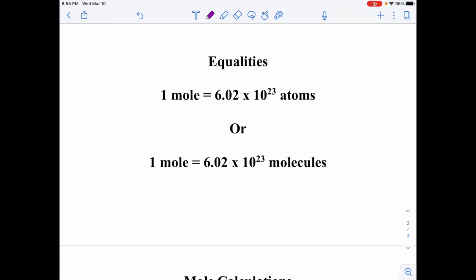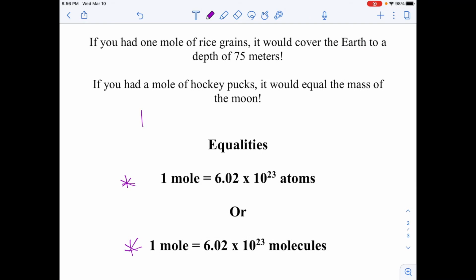Okay, so these two equalities are just an example of what you can use for a mole. I mean, let's be honest. If I said I had a mole of donuts, so a dozen donuts would be 12 donuts, right? If I had 1 mole of donuts, I would have 6 times 10 to the 23rd donuts. Okay, you notice I did drop off the 0.02.